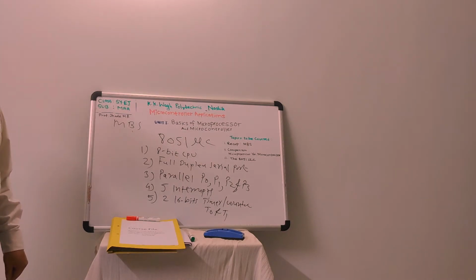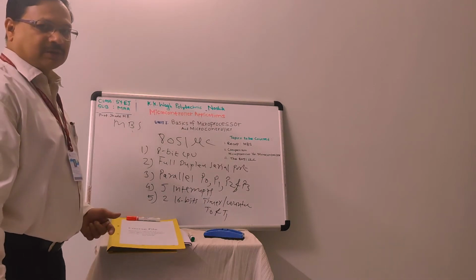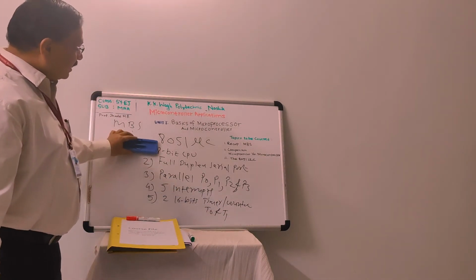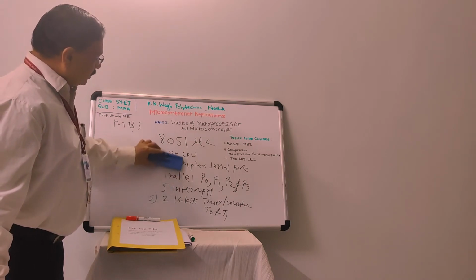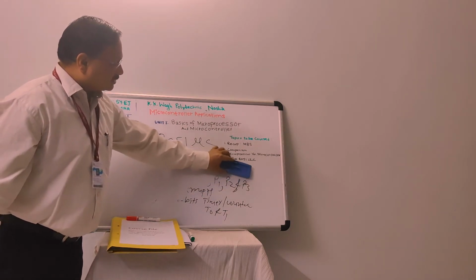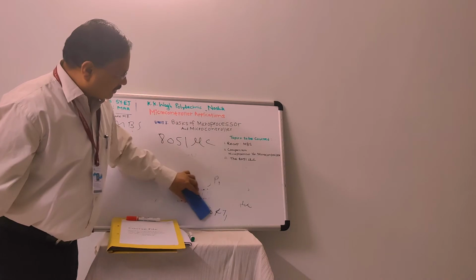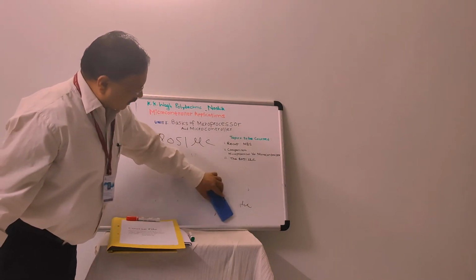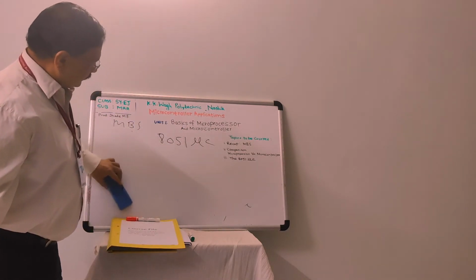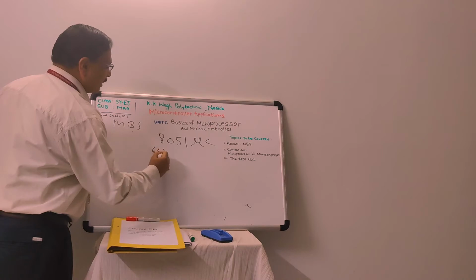Then in addition to this, the 8051 microcontroller has on-chip memory available. In total, there is a 64K program memory and 64K data memory space available with the 8051 microcontroller.